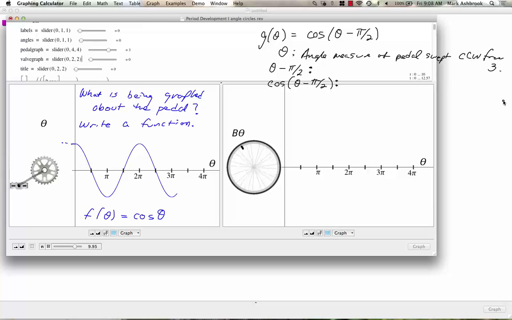Agree with that? Yeah, because I wrote it on the screen, right? Angle measure of the pedal swept counterclockwise from 3 o'clock position.